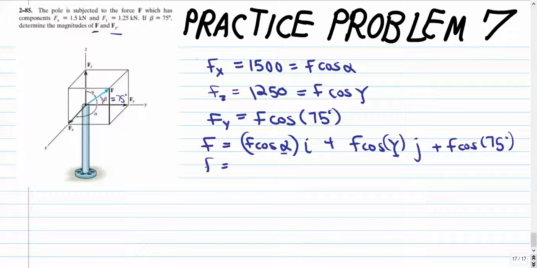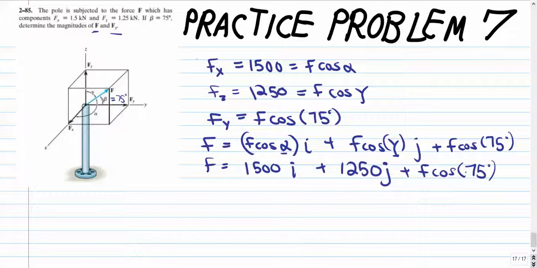So let's do that. Instead of this, we can just write 1500 newtons, which is the x component, and 1250 newtons, which is the z component.